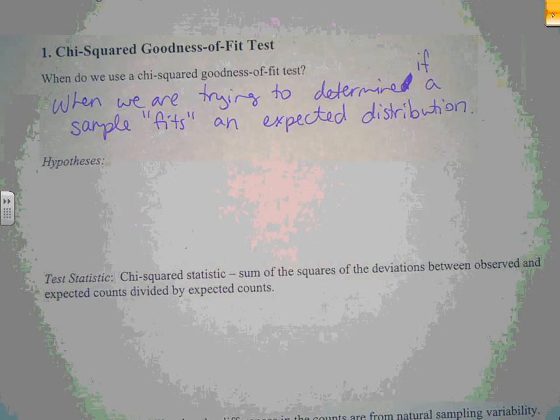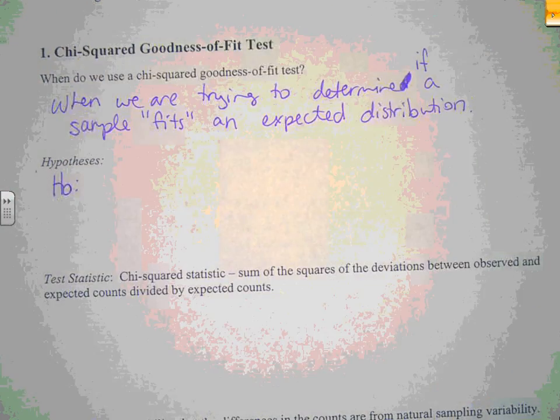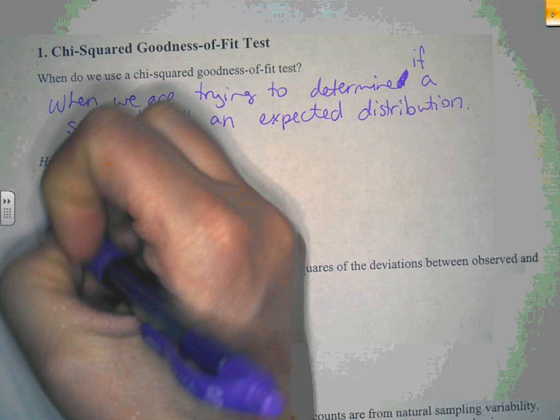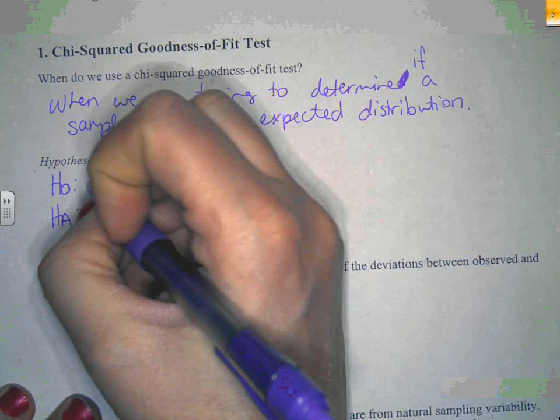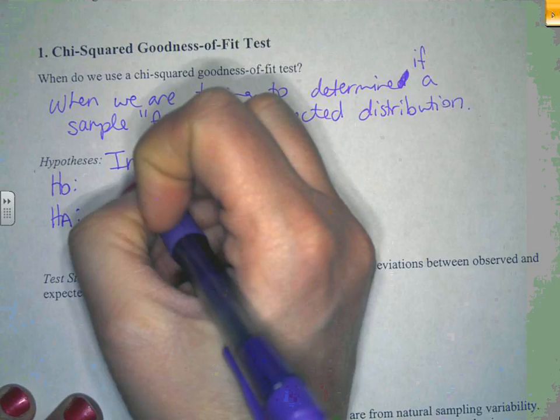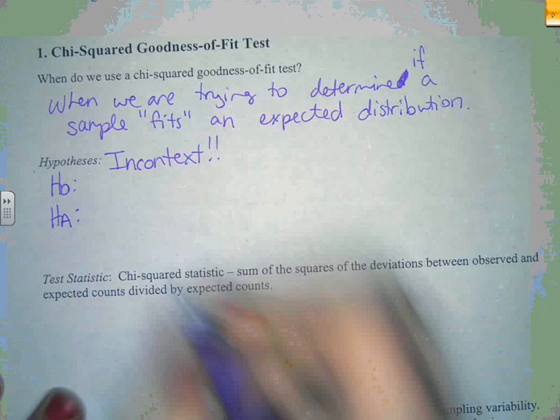Your hypotheses, if you have to write these, are in words. There's no way to write them in symbols. First of all, I'm going to write them in general what it should be, but you should always put them in context.